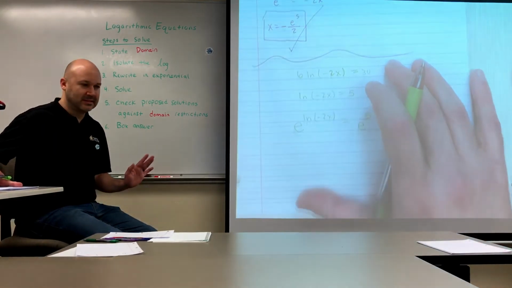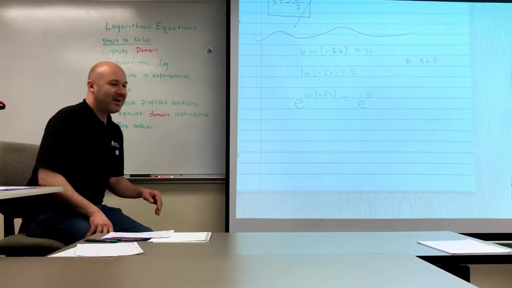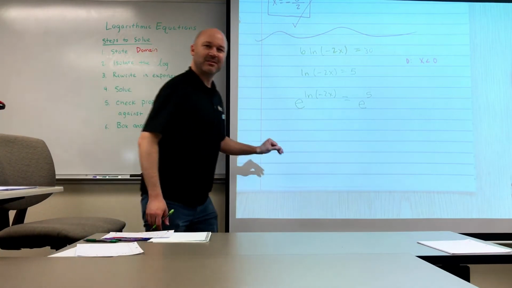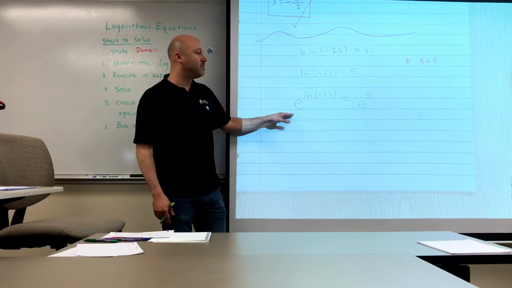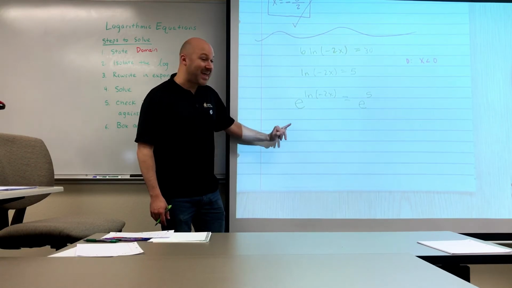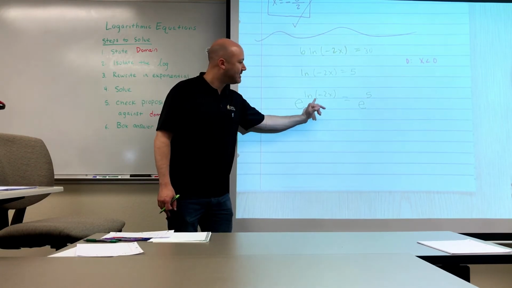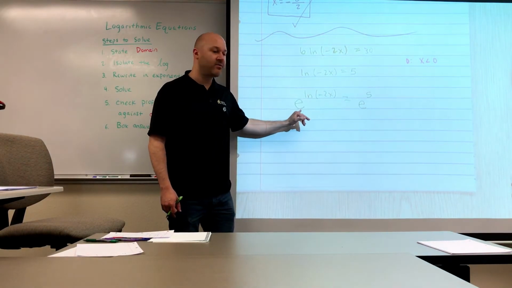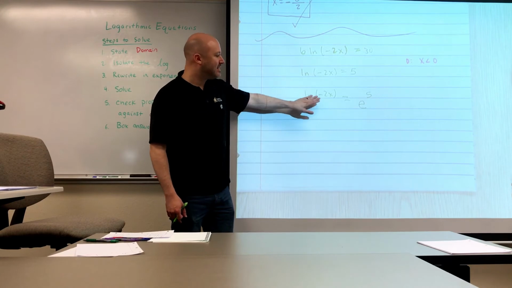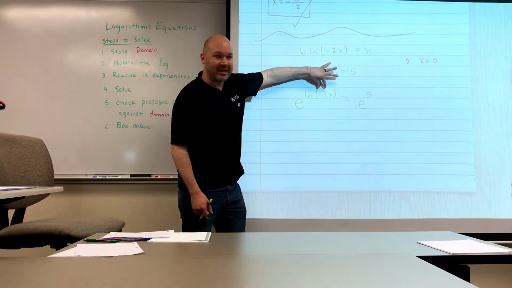This is a legal maneuver in math. We use it for various types of problems. It's not required for logarithmic equations, but it can be very helpful because now on the left-hand side, I see that my bases are matching. This is one of those inverse properties of logarithms we have talked about. This will just, in the end, simplify to negative 2x.